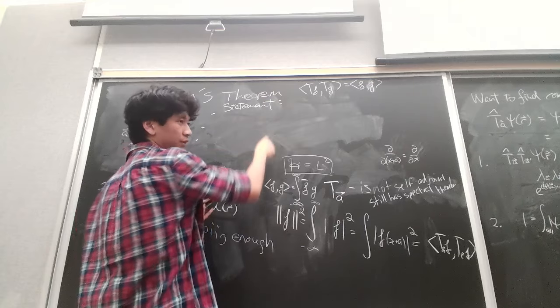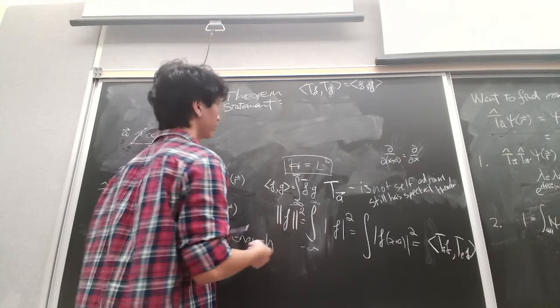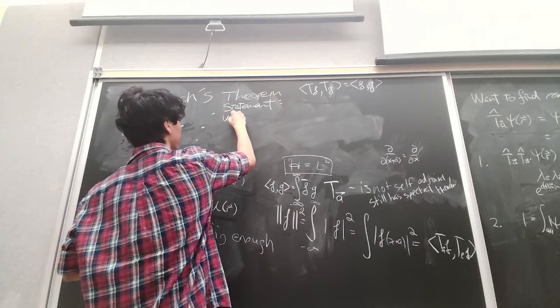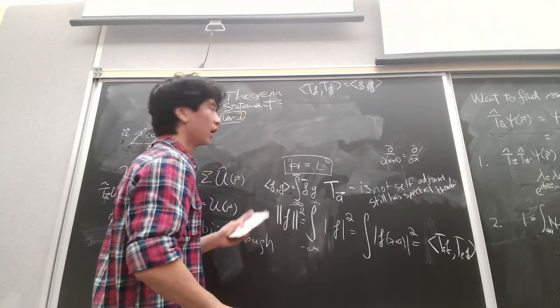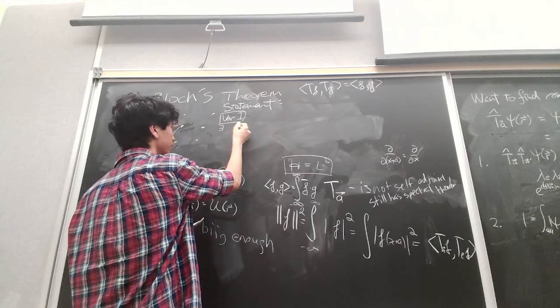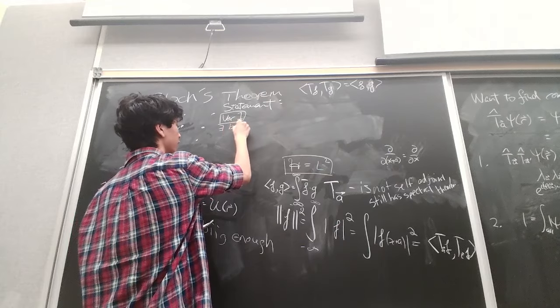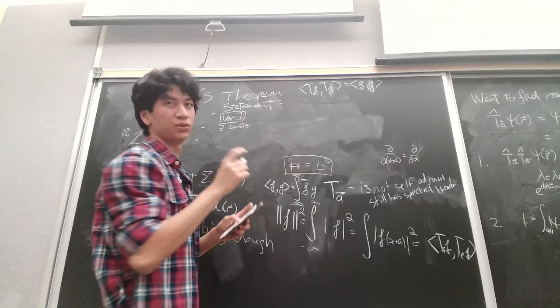So the statement, there's two versions. The first one, version 1, is that there exists a basis that satisfies two things.